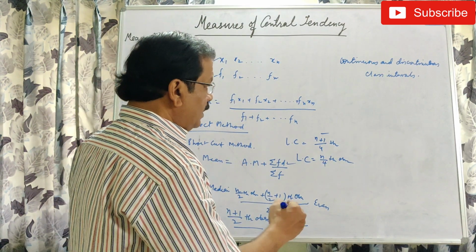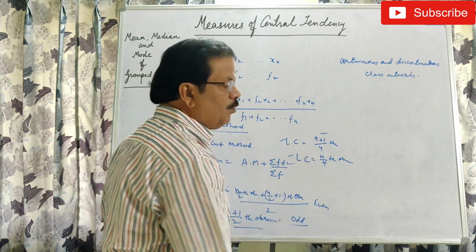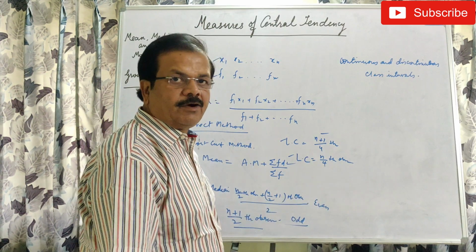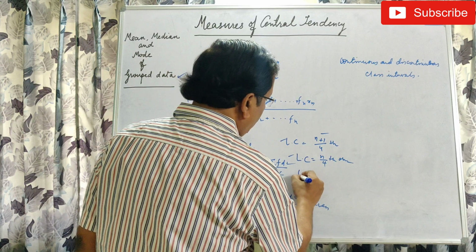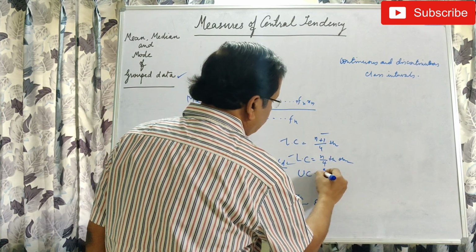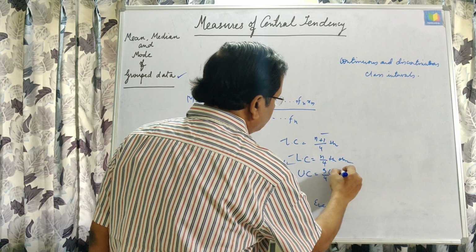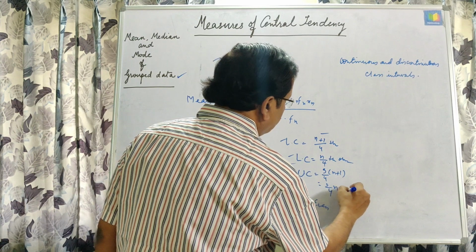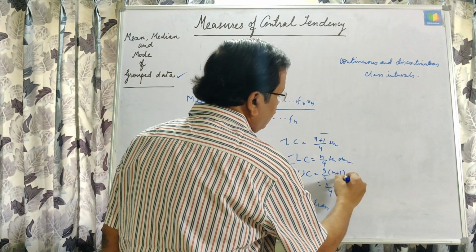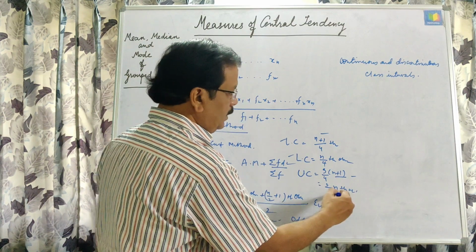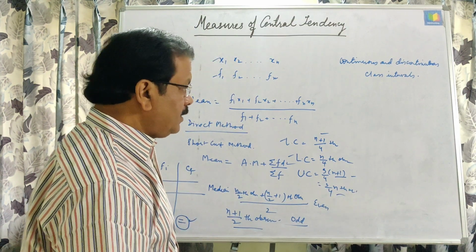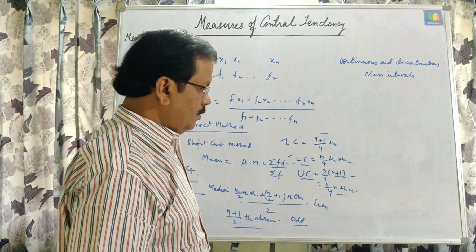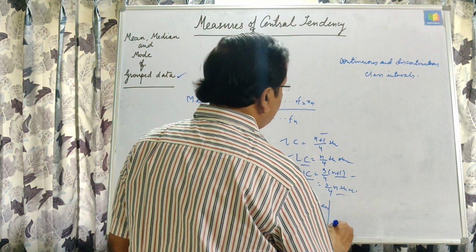But before finding lower quartile or median, we should arrange in ascending or descending order. In the same way, for upper quartile, it is 3 by 4 into n plus 1, and 3 by 4 into nth observation, whether for odd or for even. And interquartile range is equal to upper quartile minus lower quartile.